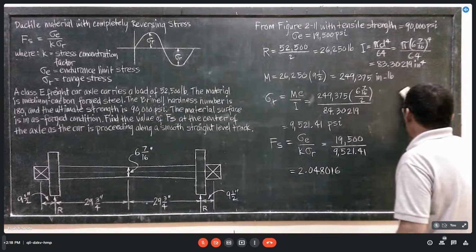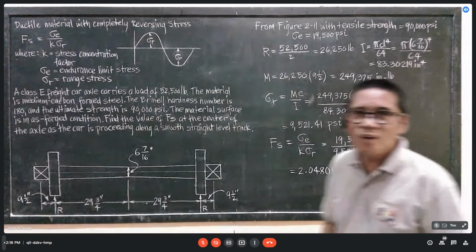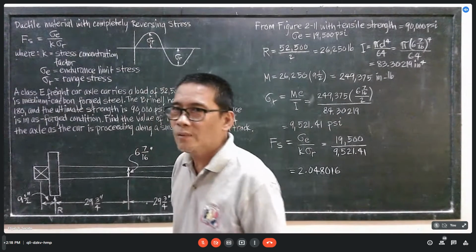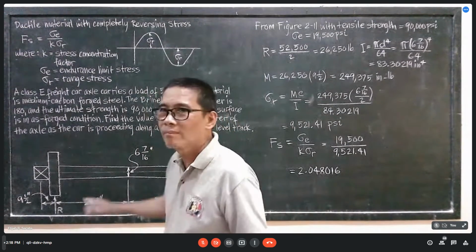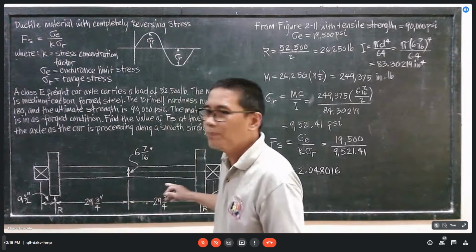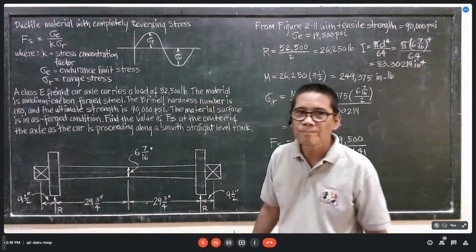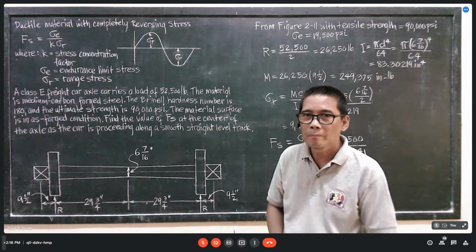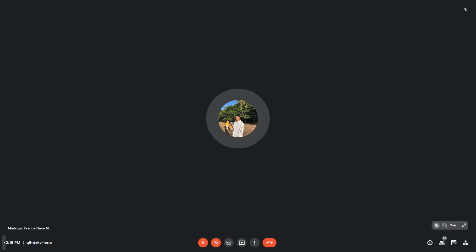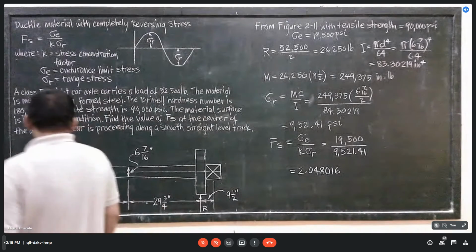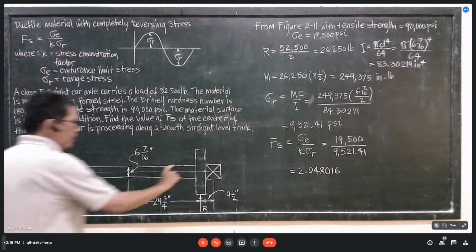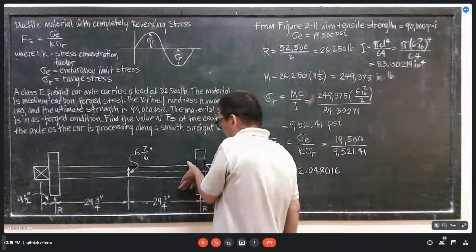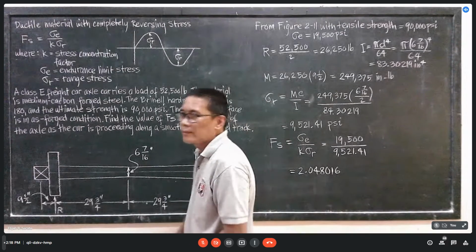So it is in contact with two locations on the axle. The question here is at what part of the axle? Beside the wheel, sir. Two. Okay, beside the wheel. So, here? Yes, sir. Here.